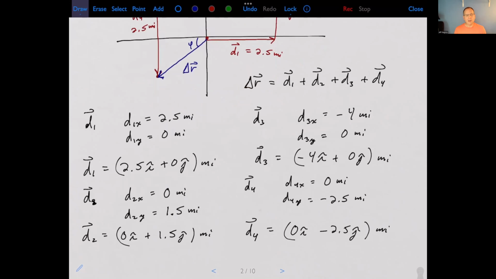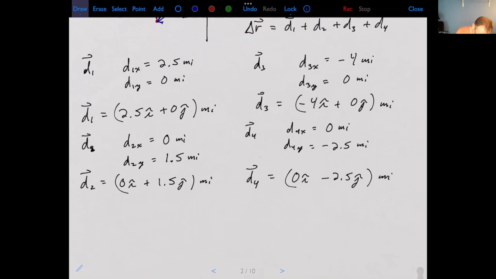Okay, so now to add these together, I have to add the X components, right? The I hats together, and then add the Y components, the J hats together. So my delta R here, remember, it's just going to be D1 plus D2 plus D3 plus D4. Oops, D4 here. Let me fix that.